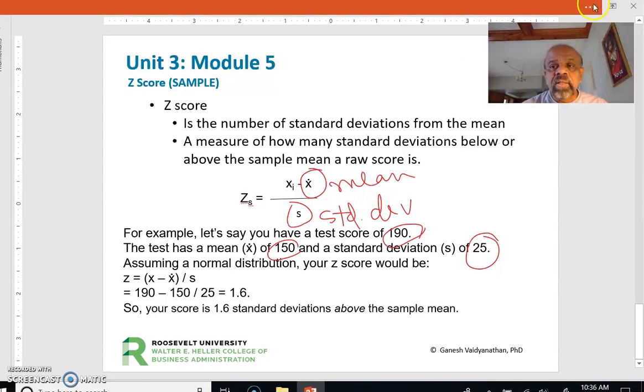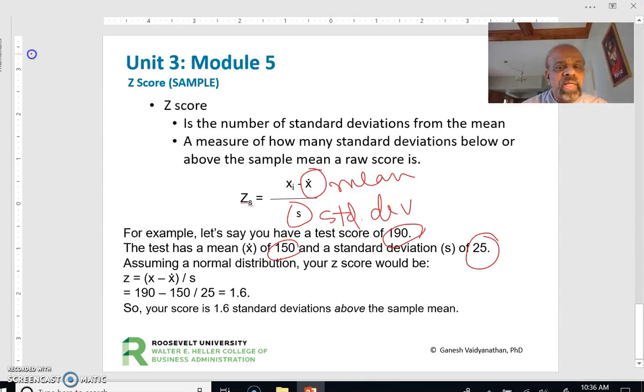Between the sample and the population, the standard deviation might change, the mean might change, but in this case it did not. So that's why you end up with 1.6 as the number of standard deviations above the sample mean.